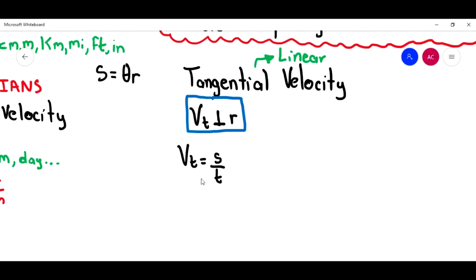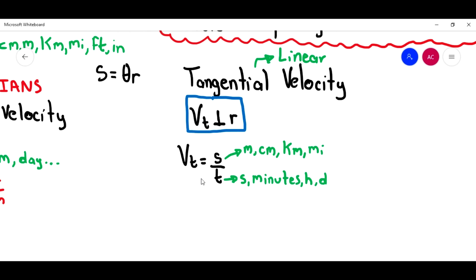What about the units? This could be meters or centimeters or kilometers or miles, it's up to you. And time could be seconds, minutes, hours, days. It's up to you.